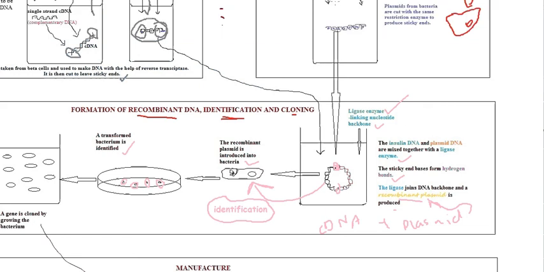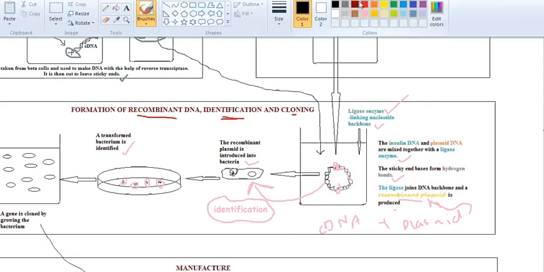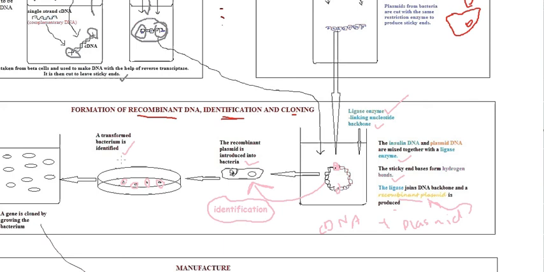So what they did is they took this recombinant. There are two methods: there is an earlier method and there is a modern method. You can use markers, such as light markers, or you can use antibiotic resistance marking.